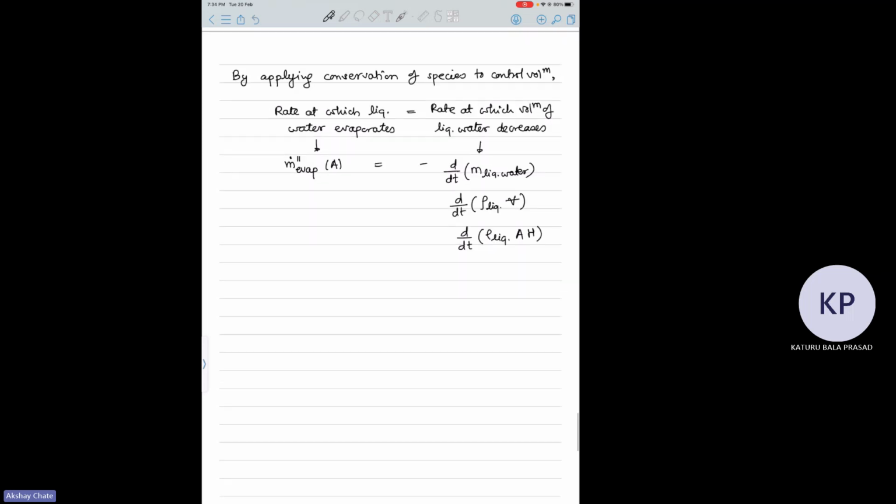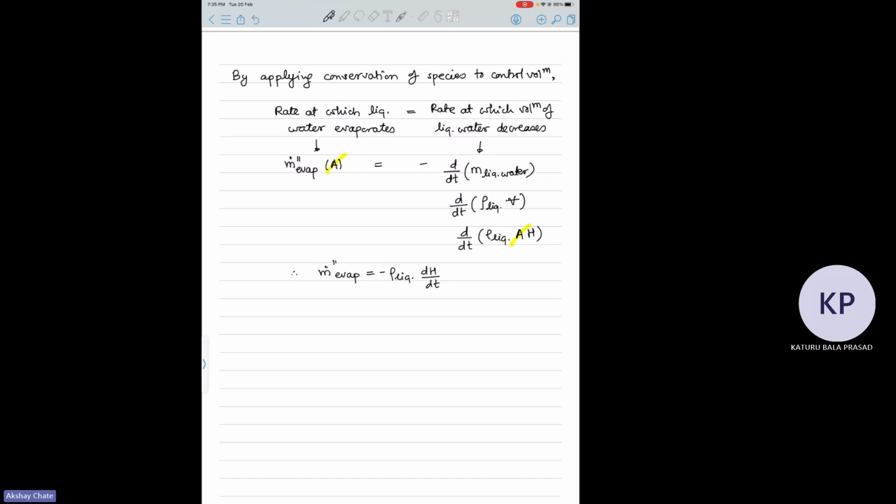So now this area gets cancelled because it's constant area. The surface area is not changing, the height is changing. And therefore you get m dot, the rate at which water is evaporating, is nothing but rho of liquid water times dH by dt with a negative sign.